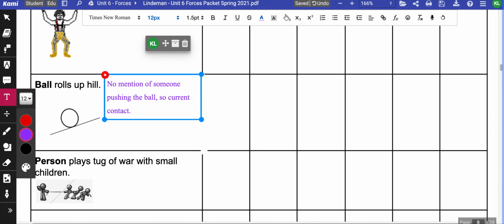We need contact in order to have a push force. So there's no push force here.